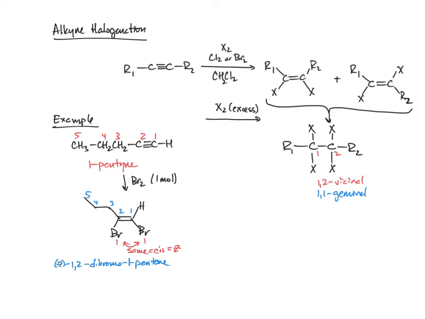So as I said before, we're also going to get the other geometrical isomer. So now you can see the 2 priority groups are on opposite faces.